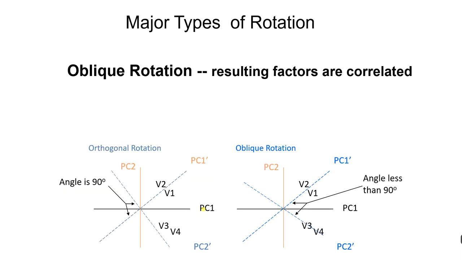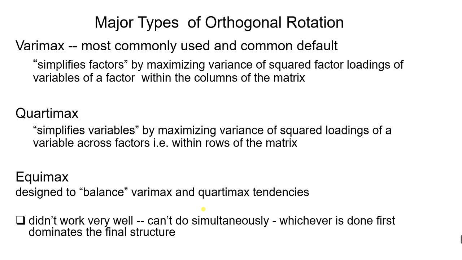In oblique rotation, factors are considered correlated, and if we are doing visual rotation, the axes are allowed to remove the constraint of maintaining 90 degrees between them. But in real life, this is done mathematically, algebraically, as I said earlier.